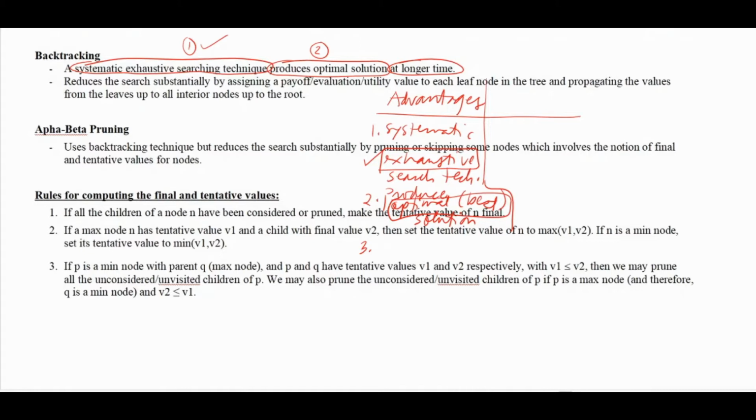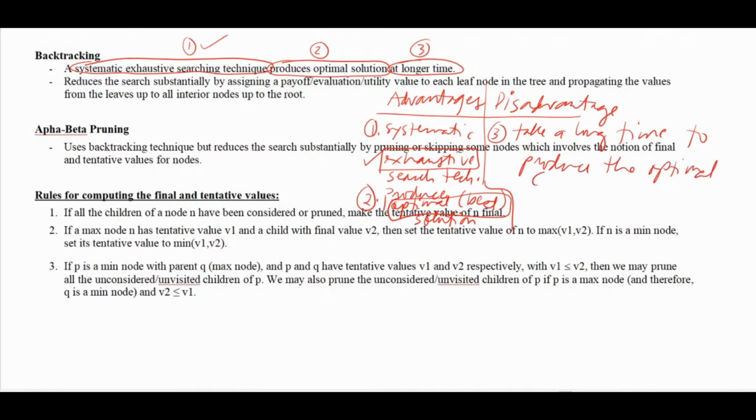The third one, which is this, is considered a disadvantage. So the third description falls here in the disadvantage, while the first and second descriptions are advantages. The disadvantage of backtracking is that it will take a long time to find the optimal or the best solution.